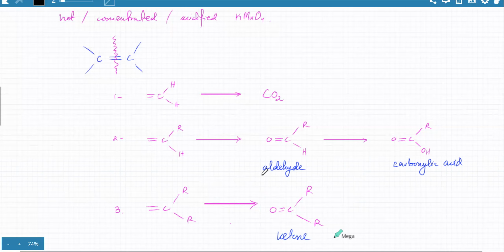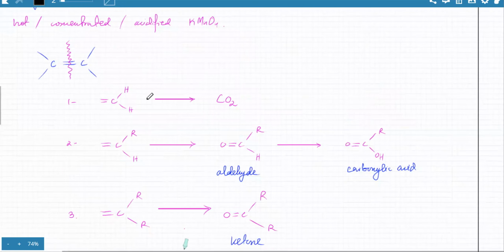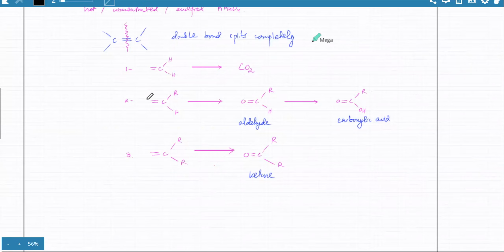So three things can happen. First thing, the double bond breaks completely, and let me write that down as well. Complete splitting of the molecule. So the double bond splits completely, and there are three scenarios. One is that the double bond carbon has two hydrogens, and it gets converted into a carbon dioxide molecule.